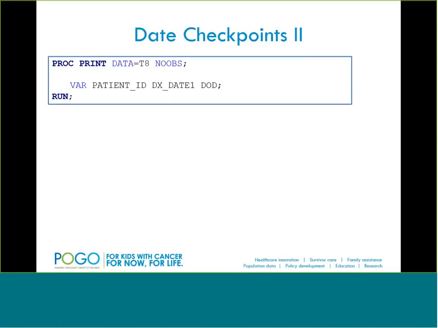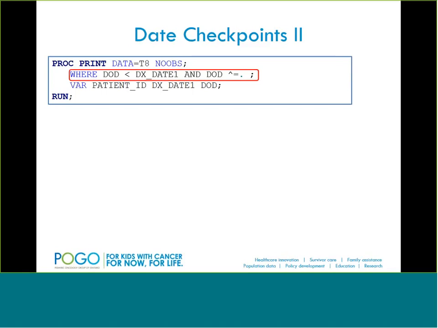So what I'm going to do is a proc print on my data set T8, and I put noobs in there. I am telling SAS I only want you to print the variables patient ID, diagnosis date, and date of death. However, I only want you to print the observations where this condition is met.